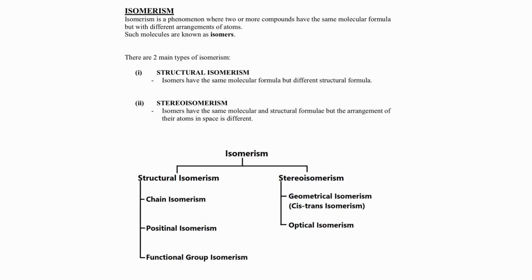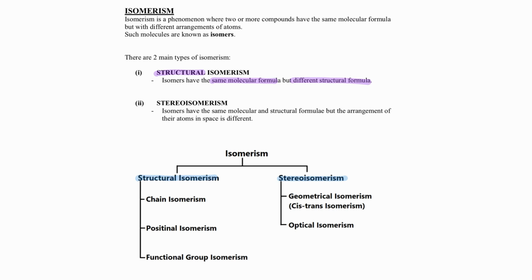For isomerism, we can actually have two different kinds, where we can divide it into structural isomerism and stereoisomerism. So first of all, let's go into the definition of them. For structural isomerism, the isomers or molecules will have the same molecular formula, but different structural formula.